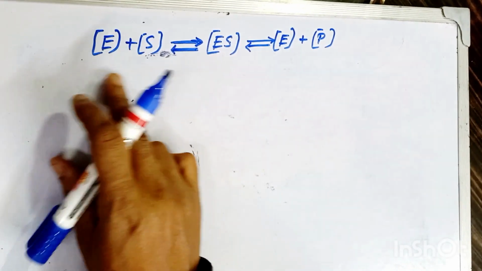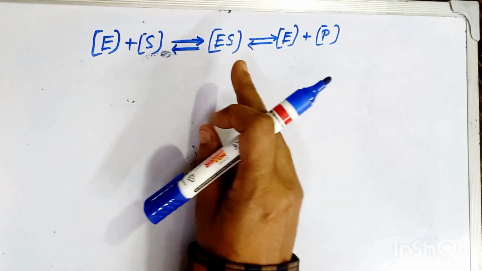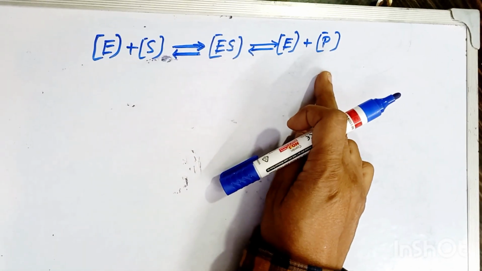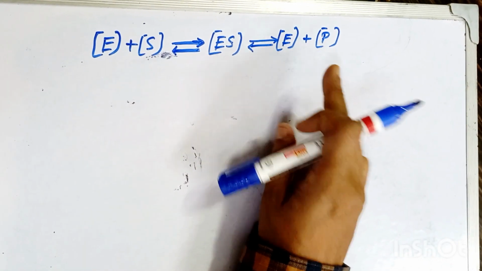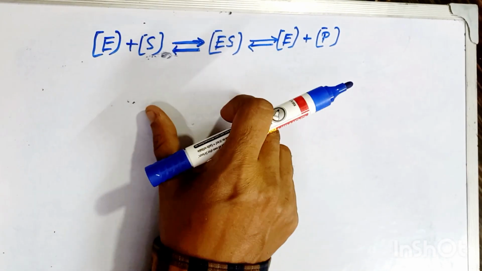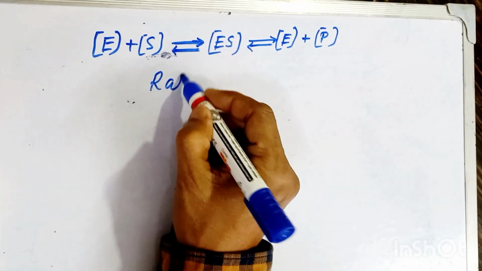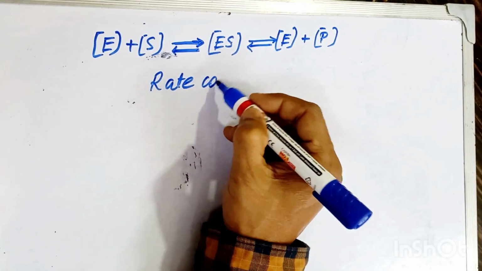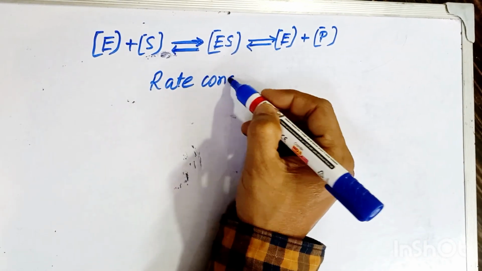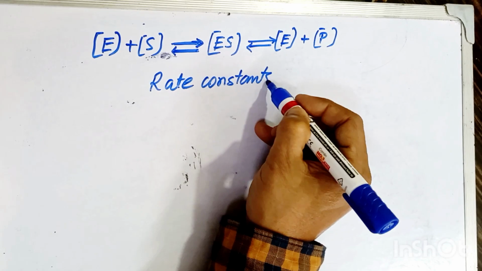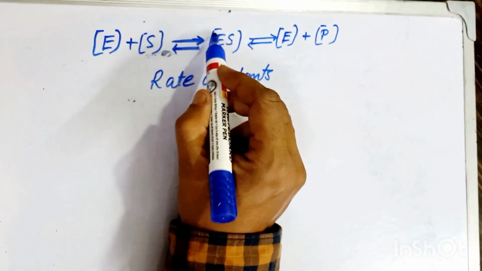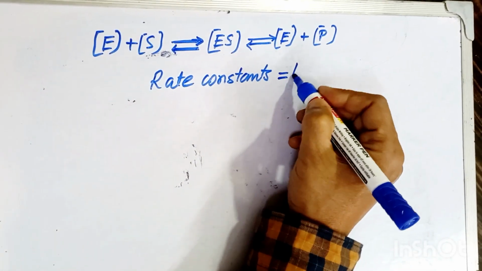Now if I say that this is the first part of the reaction and this is the second part of the reaction, we derive some rate constants. So what are the rate constants? The rate constant of this first forward reaction is, say, K1.